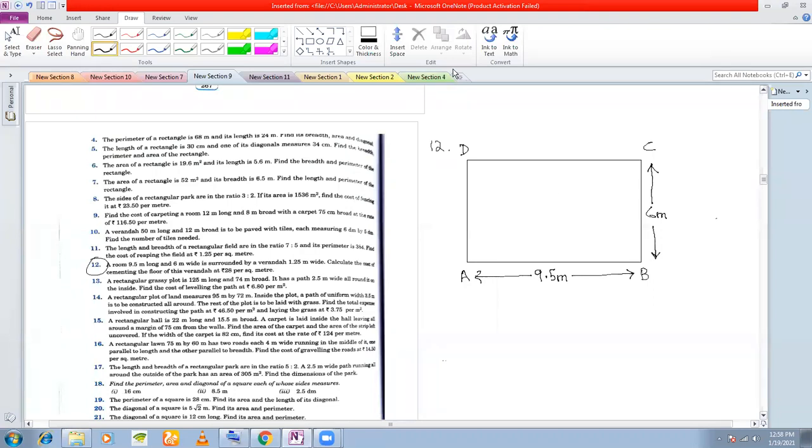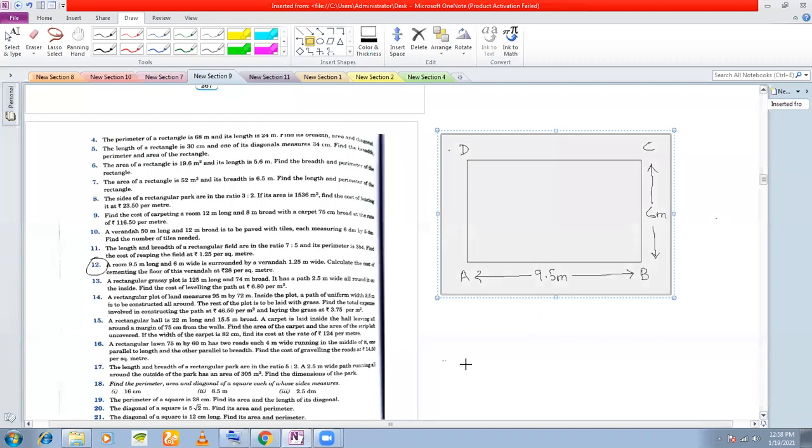What do you mean by is surrounded by a veranda 1.25 meters wide? See, this room is surrounded like this. Understood?